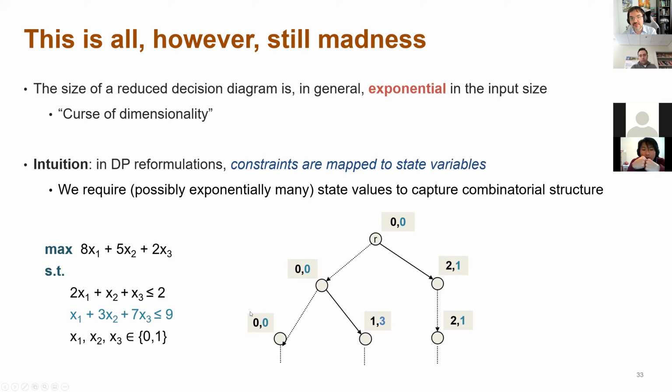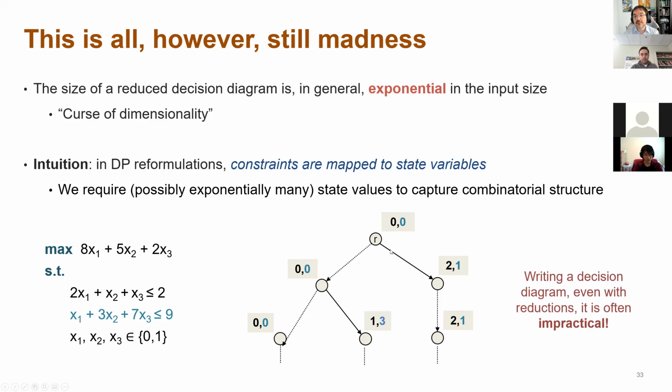So the more knapsack constraints you add, the more you start multiplying the number of nodes you can have by all the possible values of the weights of those knapsacks. That's when you start having this huge growth. Of course, if you merge these graphs, it can still be super small, but there are no guarantees for that. And that's why writing the exact decision diagram is usually impractical.